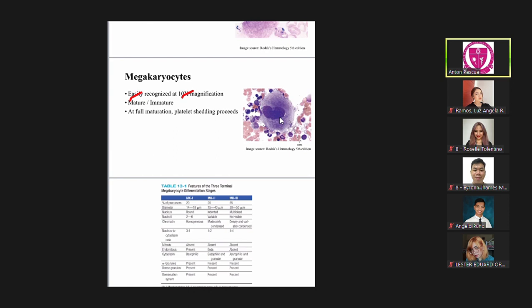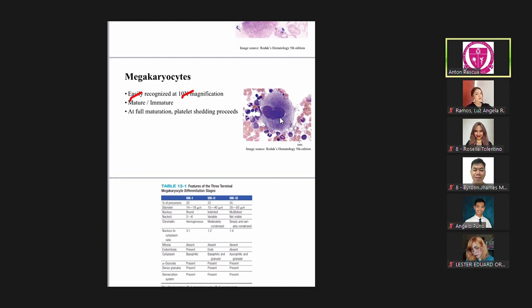Kasi as for some literature, for your cell to release out the platelets, especially mga medyo luma na book, at least 4 na nucleus yung kailangan mo for you to release out your platelets, to shed out your platelets.